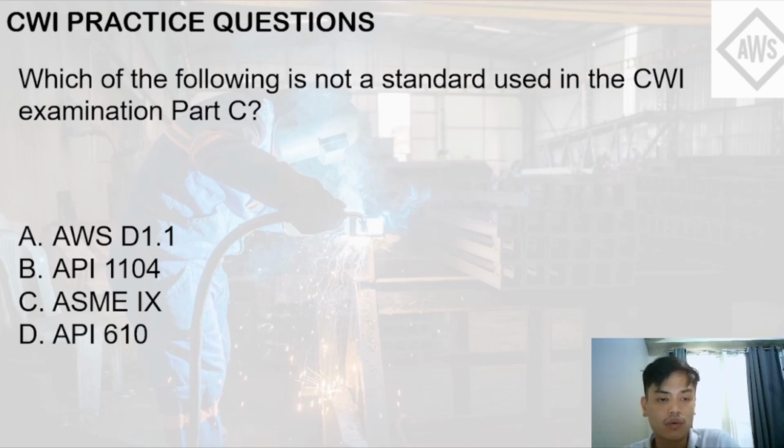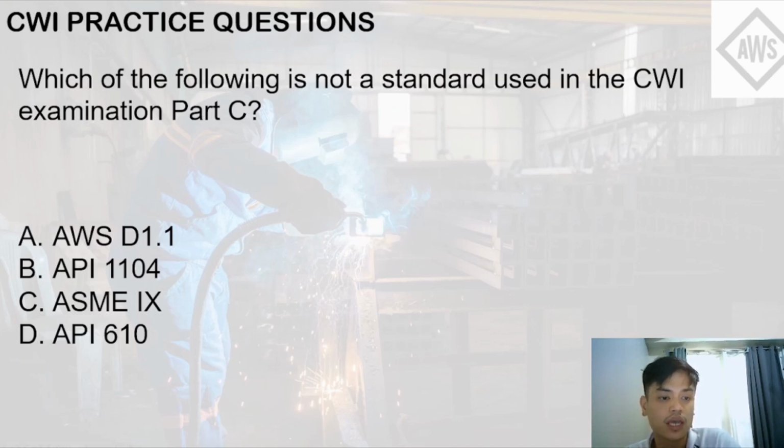AWS D1.1, as I've talked about earlier, is the structural code for steel. API 1104 is for welding of pipelines and related facilities. ASME 9 is for welding and brazing procedure qualifications. But AWS D1.1 also has prequalified welding procedure specifications.